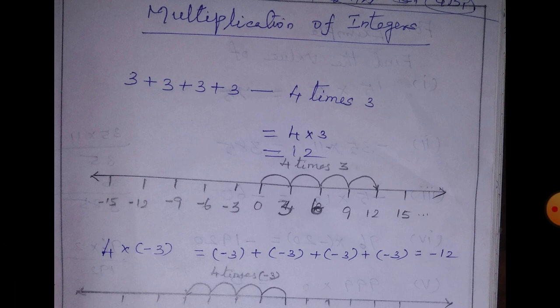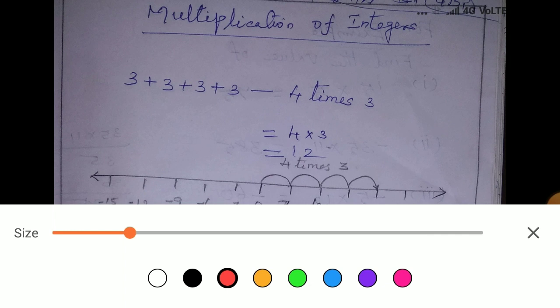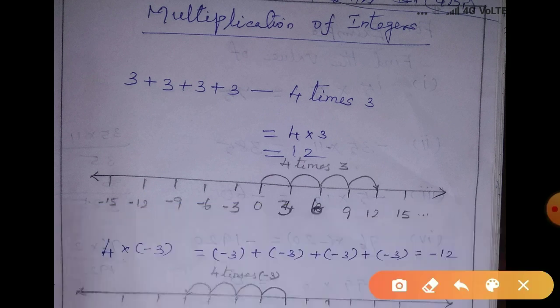From 0 to 3, 3 to 6, 6 to 9, 9 to 12. The answer is 12. Okay, next.